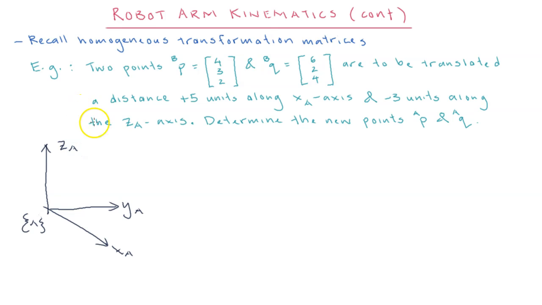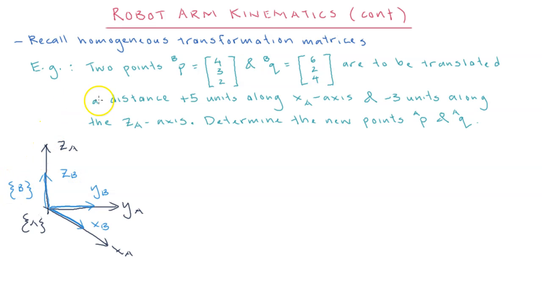And in the beginning, before translation, we have another coordinate frame B, whose origin coincides with coordinate frame A. So this is XB, and YB over here, it should be parallel and coincide. And this is ZB.